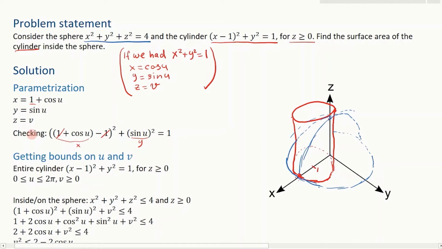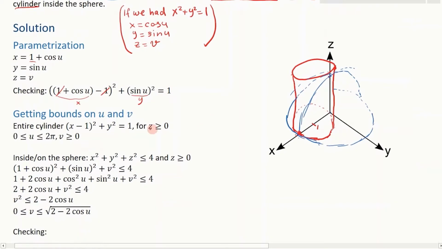Now let's get the bounds on u and v. If we wanted to integrate over the entire cylinder, going to infinity, then we would have u going between 0 and 2 pi, and v would be above 0 because the cylinder is restricted by z greater than or equal to 0.